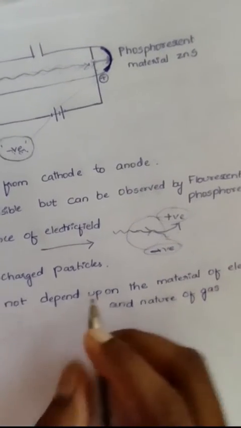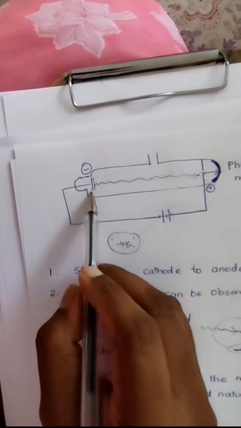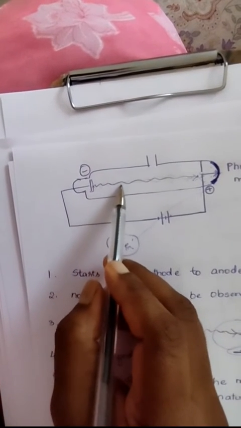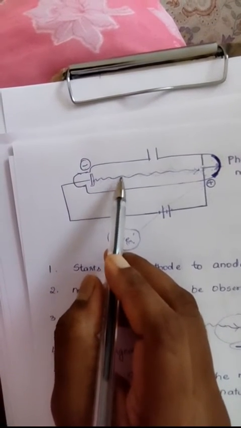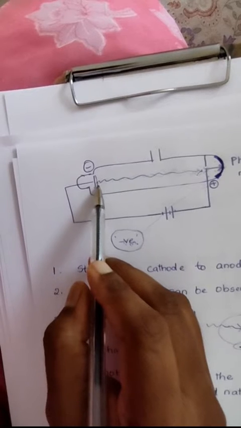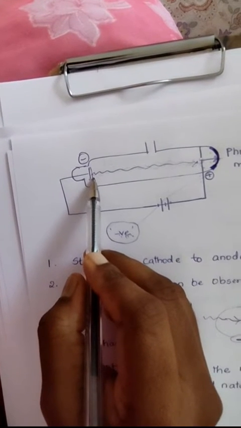These cathode rays are coming from the cathode, but their nature doesn't depend upon the nature of the cathode.